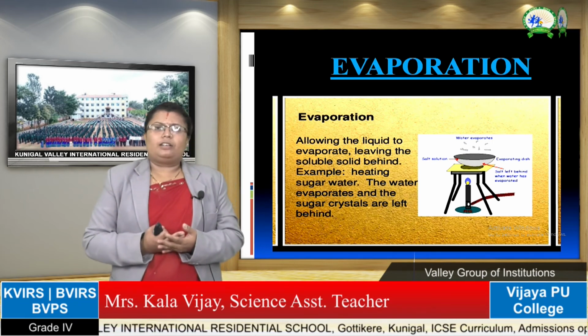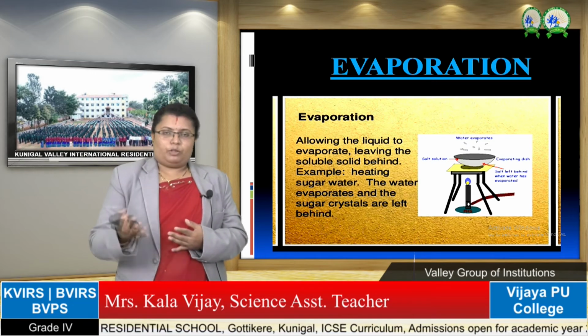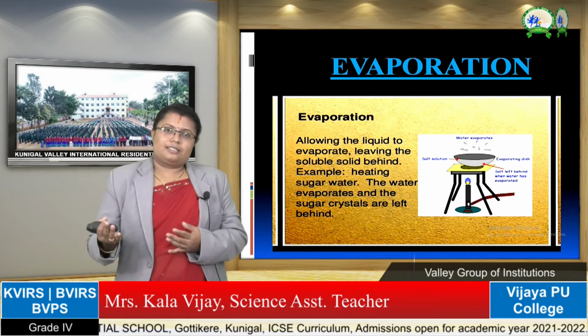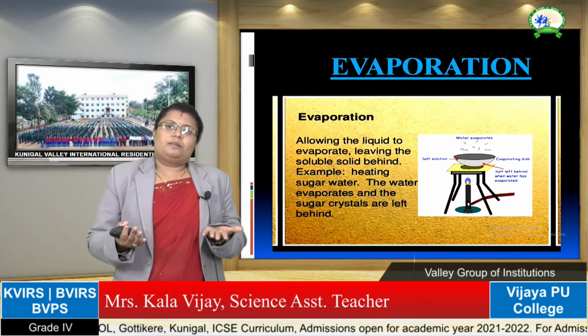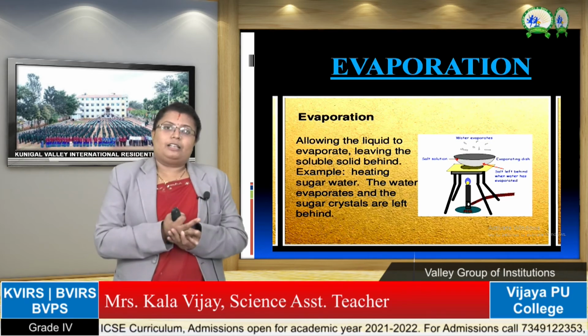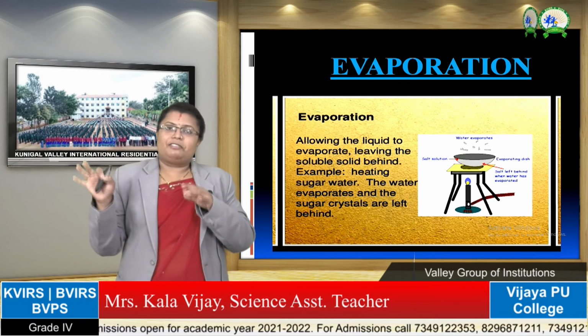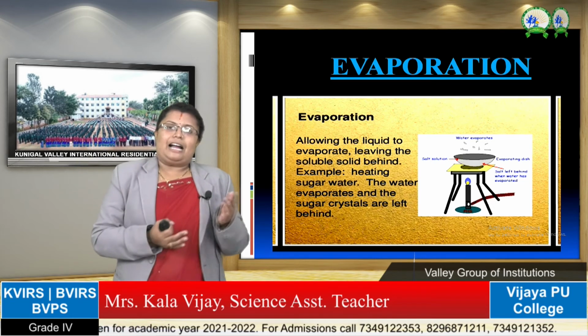In general, what you have learnt about evaporation is the sun's rays taking water back. While hanging wet clothes, your mother washes the clothes and hangs them on the wire, right?